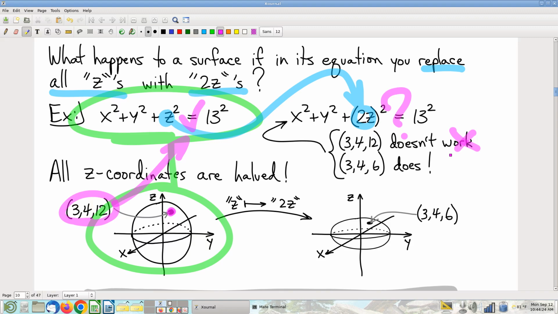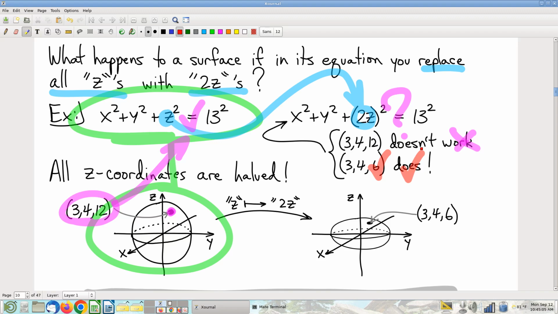Everybody see? So you can also get into smart-aleck mode and realize that I don't want z to be 12 anymore. I want the thing that used to be z, I want 2z, to be 12. And I can make that happen by just choosing 6 for z instead of 12. I can undo in the z-coordinate what I'm doing to the z-coordinate in the algebra.